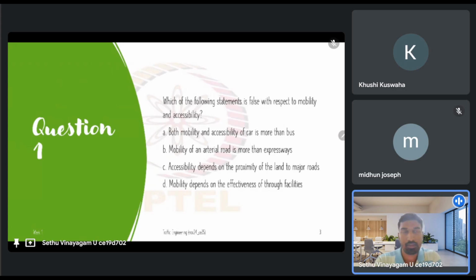Okay, any answers? Whenever you're ready, you can cast your answer in the poll and then we can see what the right answer is.